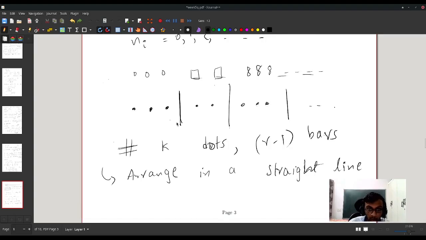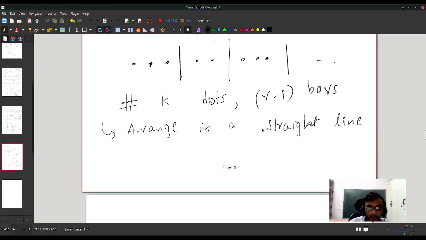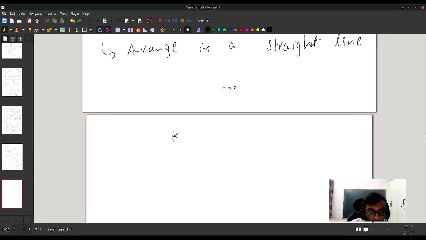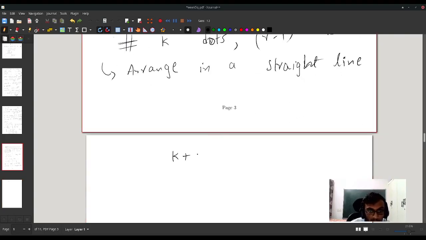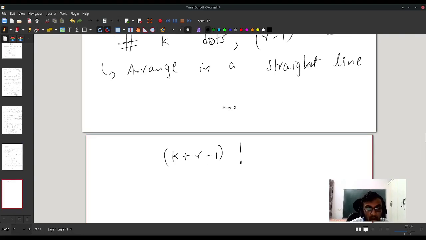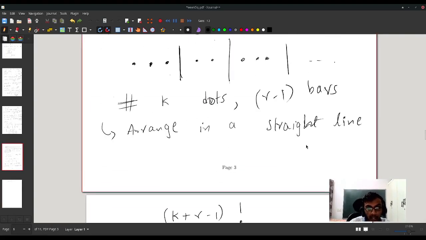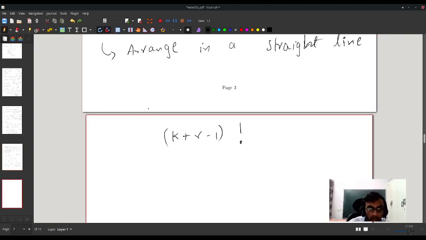So we can simply calculate the number of ways of arranging these bars and dots. It is a simple calculation in permuting things. We have k plus r minus 1 objects in total, with k objects of one kind and r minus 1 objects of the other kind, which are dots and bars respectively.